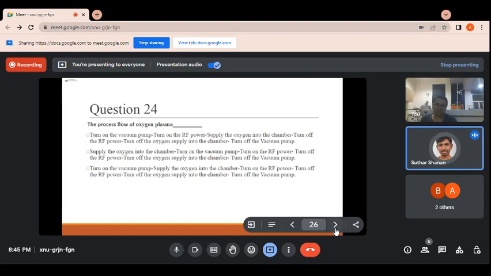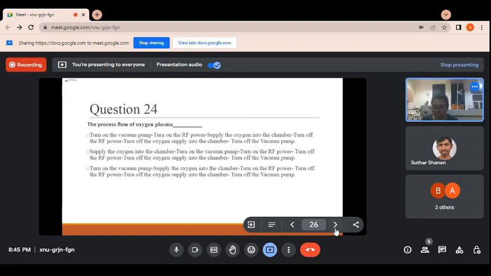So first turn on the vacuum pump, second the oxygen will be inserted, and then we turn on the RF power. If we keep the PDMS, it will get bonded and activated. Then turn off the RF power, then turn off the oxygen supply, and finally turn off the vacuum pump. Good. So this is the right answer, option 3.